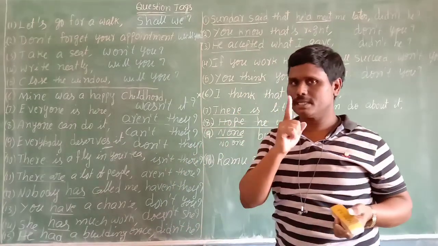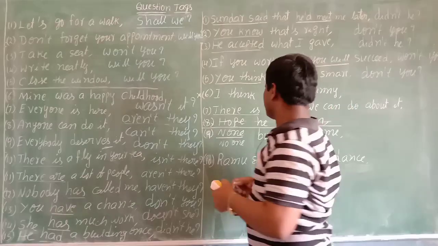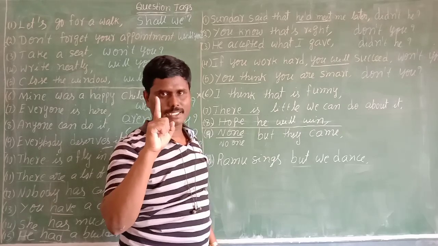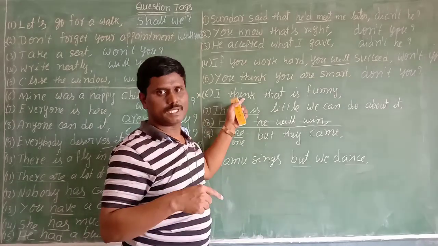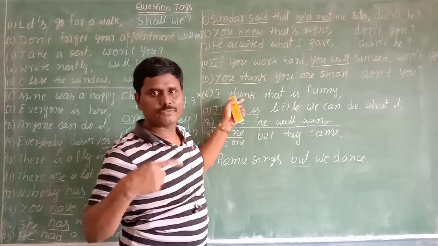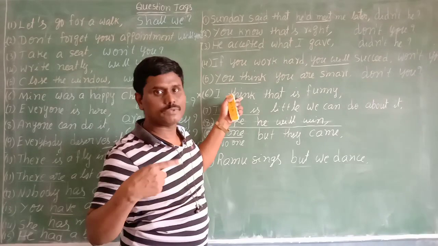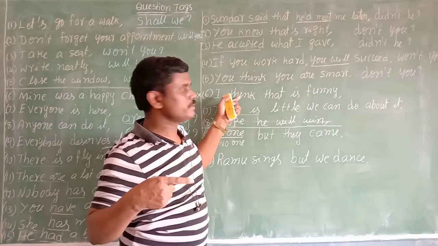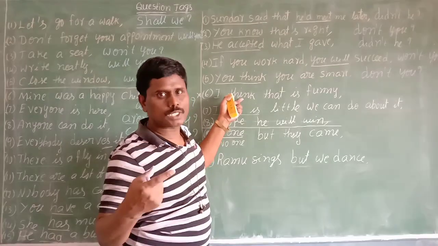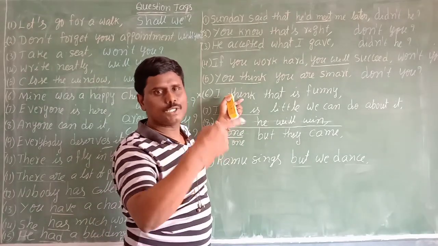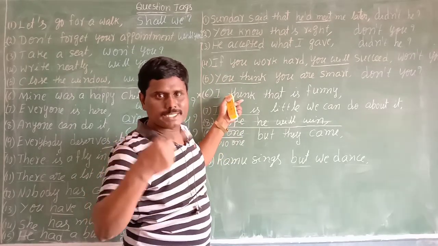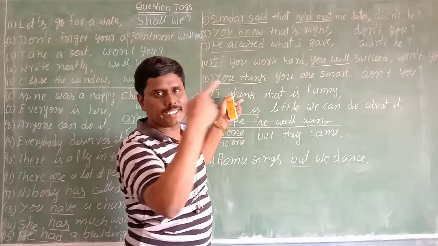But already I told you one exception. If the main clause begins with first person singular I, like I think, I hope, I wish, I feel, then when we use such expressions, we cannot ask the others to confirm, because the question tag is for seeking confirmation, seeking agreement.